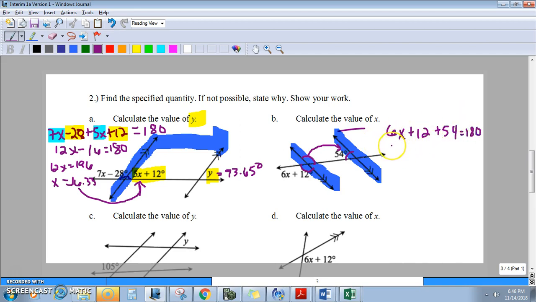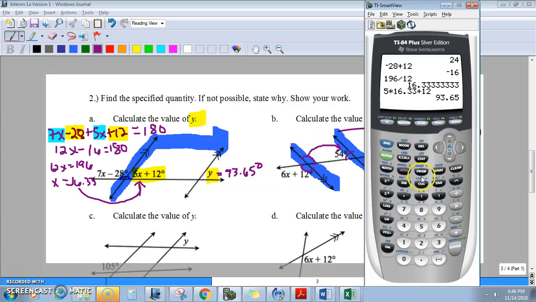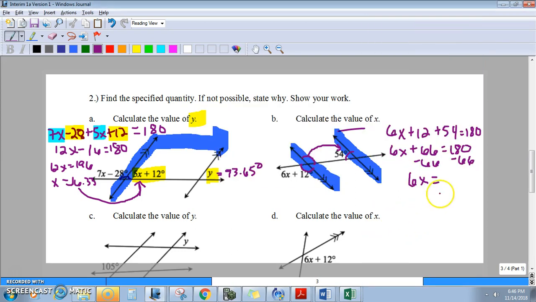Combine our like terms. I don't have any other x's. So 12 and 54 is 66. 180, subtract 66 from both sides. 6x equals 180 minus 66, 114.